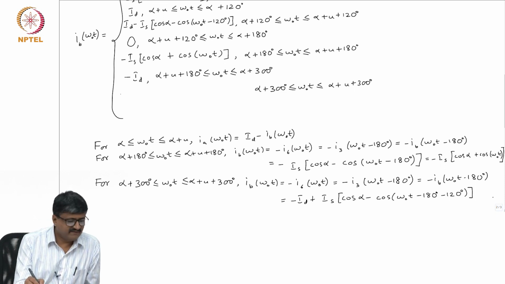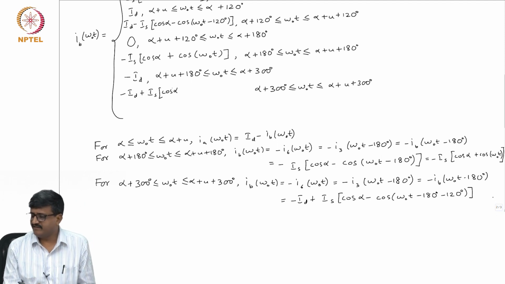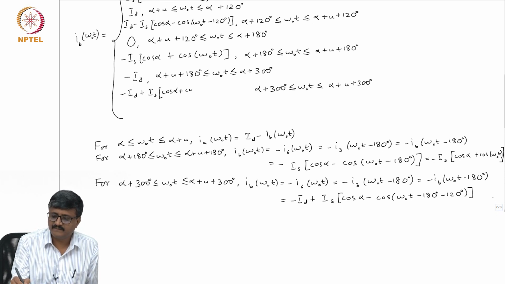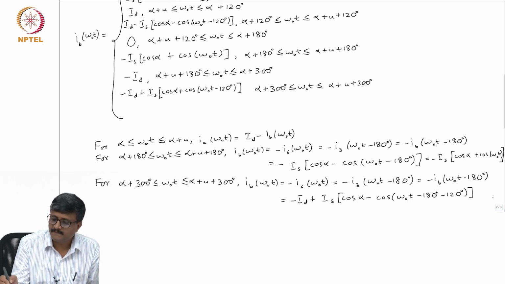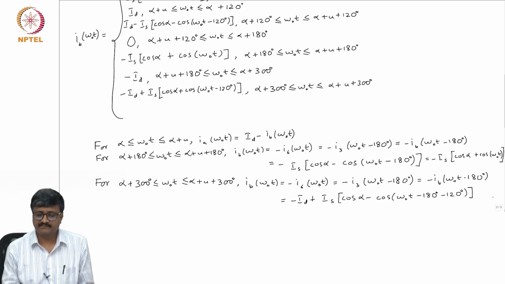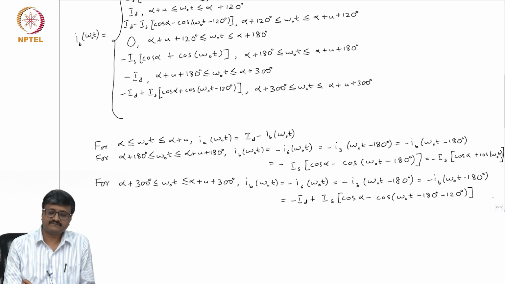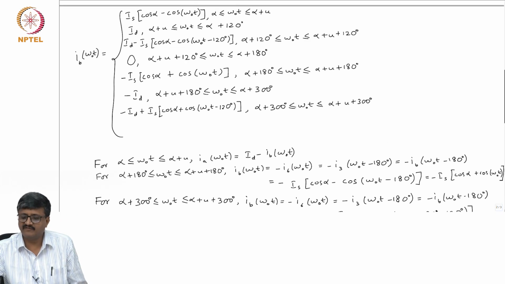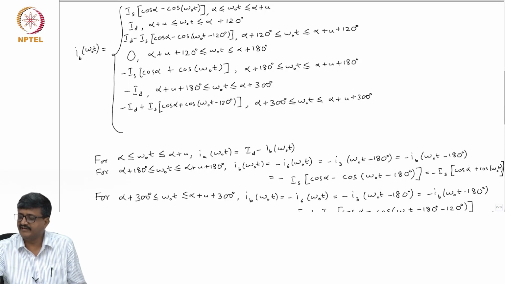This can be written as minus ID plus IS into cos alpha minus cos omega OT minus 180 minus 120, which is plus cos omega OT minus 120. Is that okay? So, this is the expression up to alpha plus u plus 300.